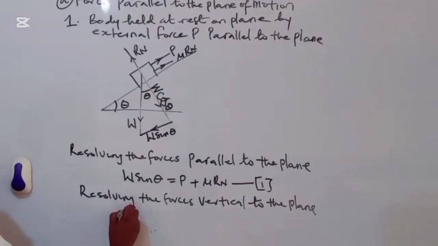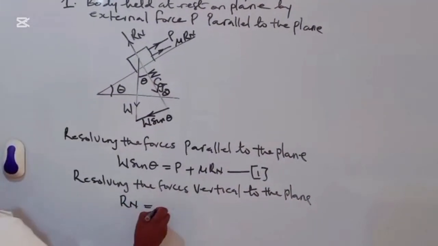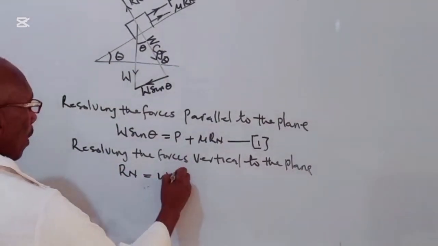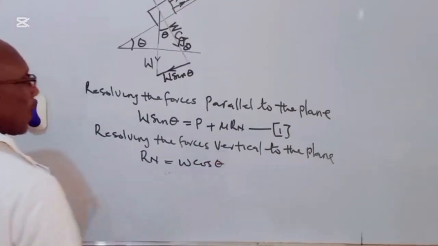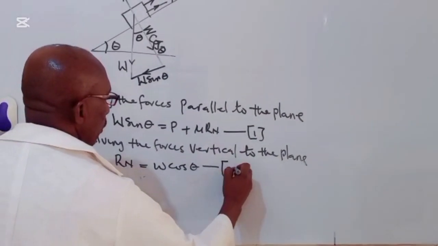So we have Rn equals W cos theta. Let's call this equation number 2.